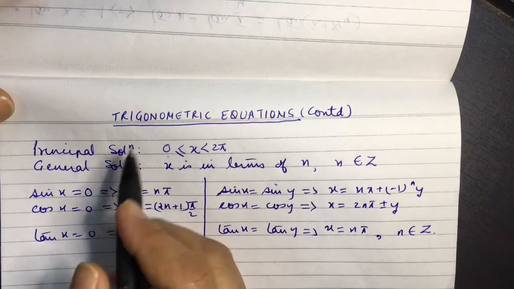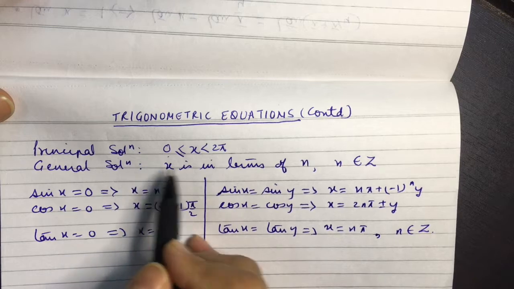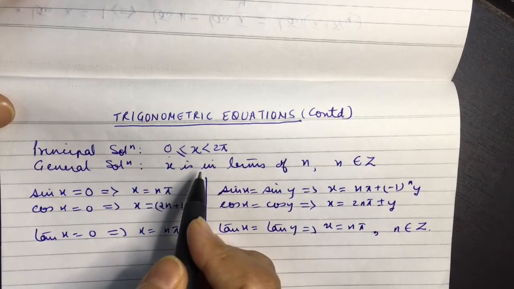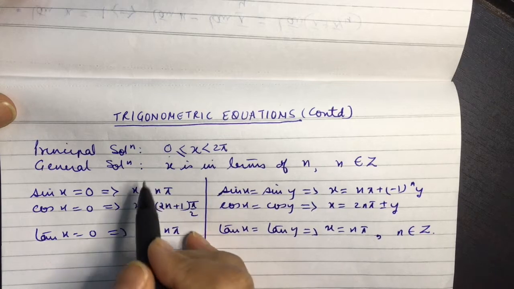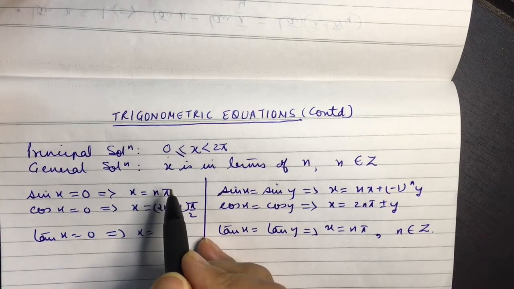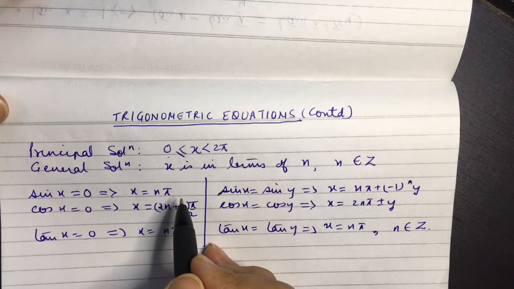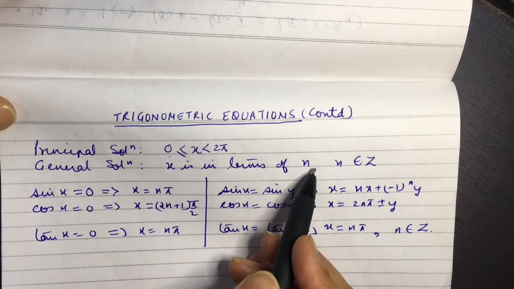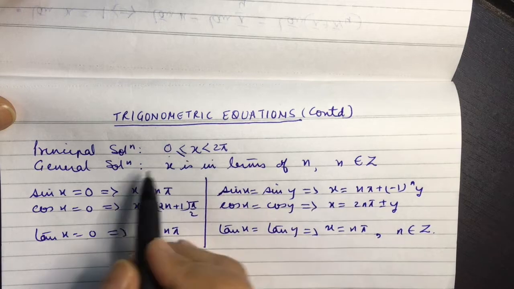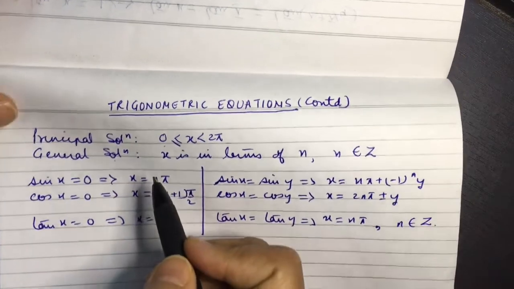And as the trigonometric functions are periodic in nature, with every circle executed, the values of sine, cos, tan, etc. keep on getting repeated. And so if you write the solution in terms of n, where n is an integer, then it is called a general solution.